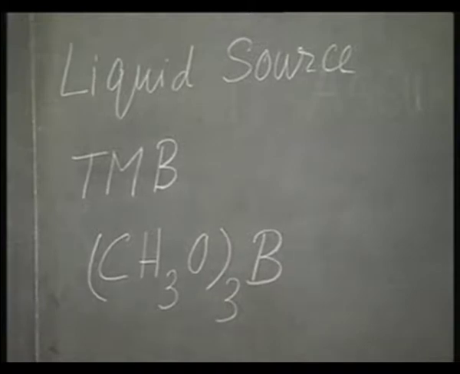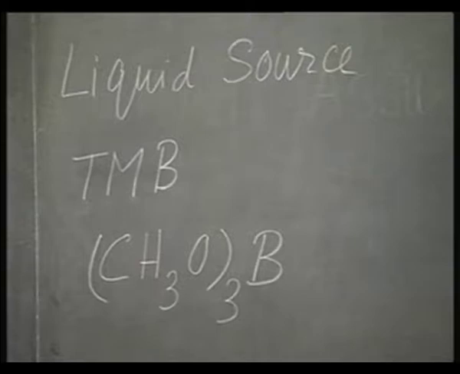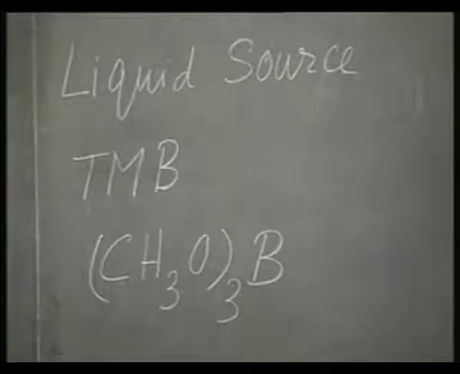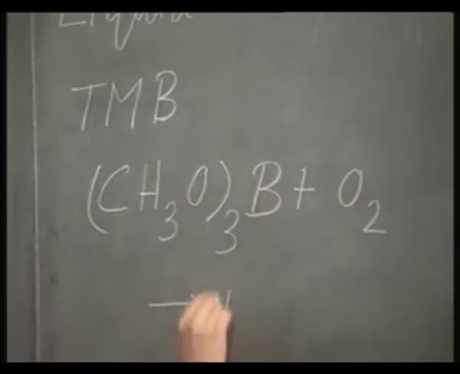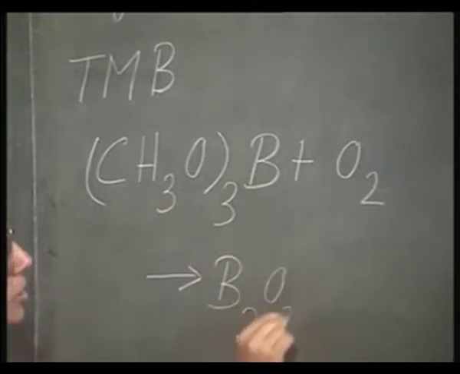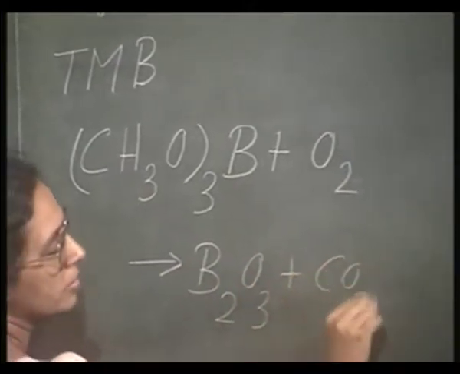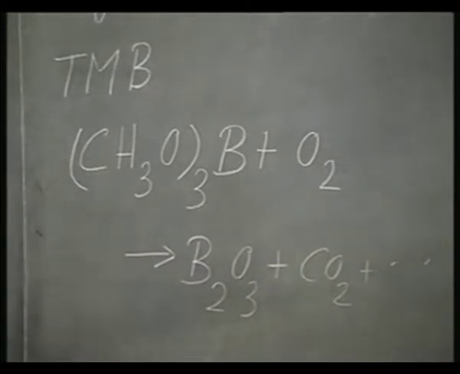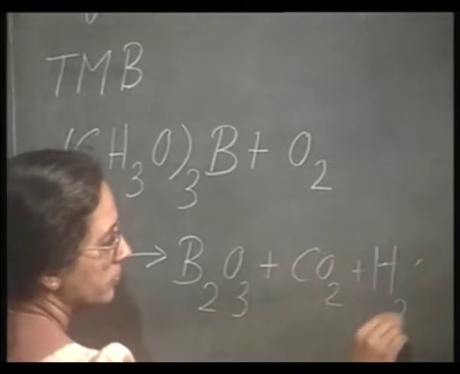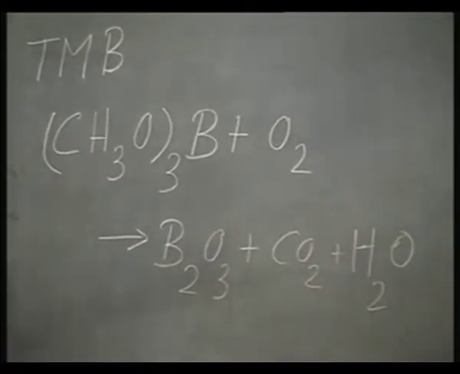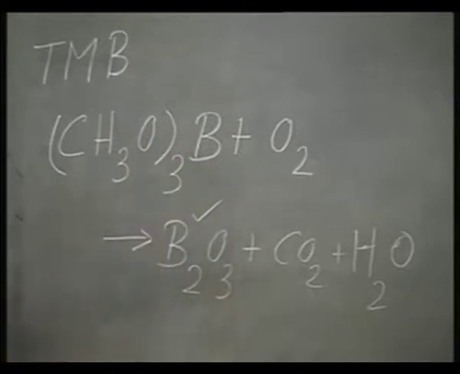This is the trimethyl borate, with the CH3O, this methyl group is there, 3 of them. So, trimethyl borate. So, this trimethyl borate can also be made to react with oxygen to form B2O3 plus carbon dioxide plus water. Okay. But what we are interested in is the formation of B2O3.